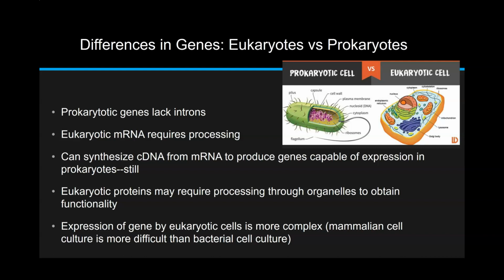Getting proper expression of genes in a eukaryotic system is more complex than in bacterial systems, but it is necessary at times, and it is the basis of many new biological therapies on the market today. It's possible to get bacteria to produce proteins from eukaryotic cells, but the gene must be in the processed form.